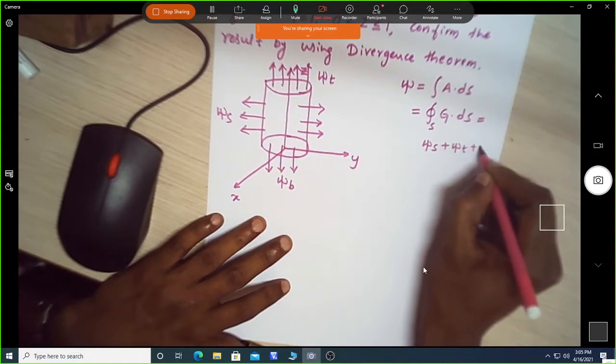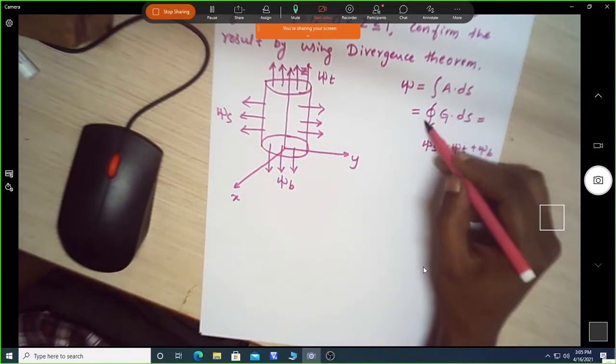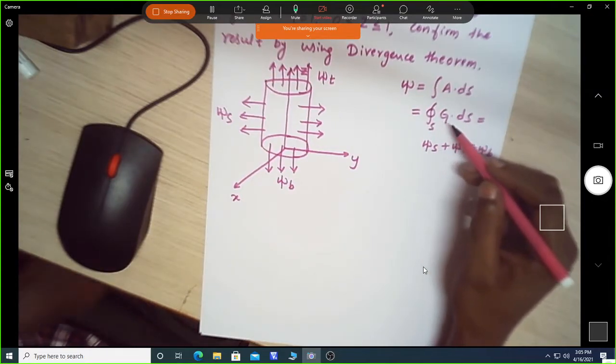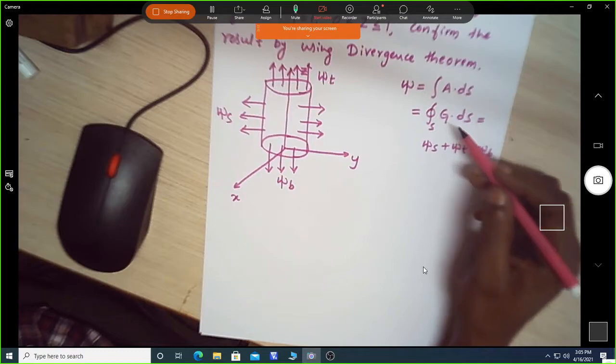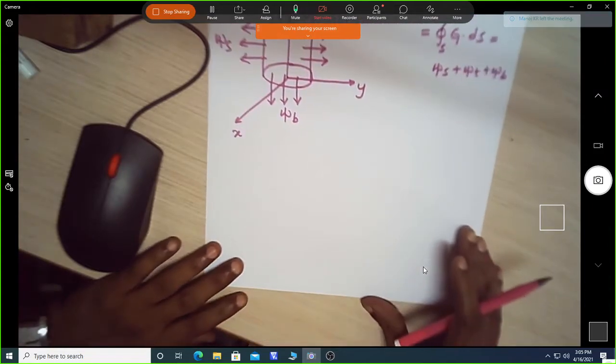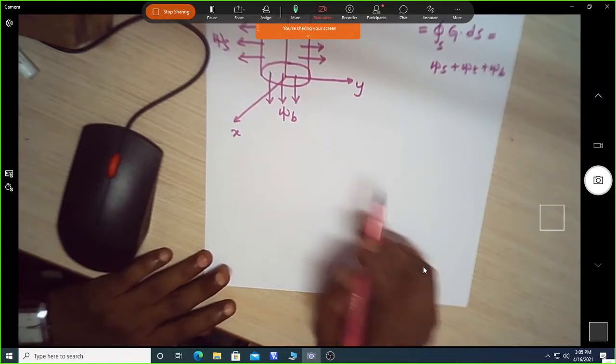If I add all these fluxes, we will get the closed surface integral of G. So now we will evaluate one by one: the flux in the top surface, the flux in the bottom surface, and the flux in the curved surface.